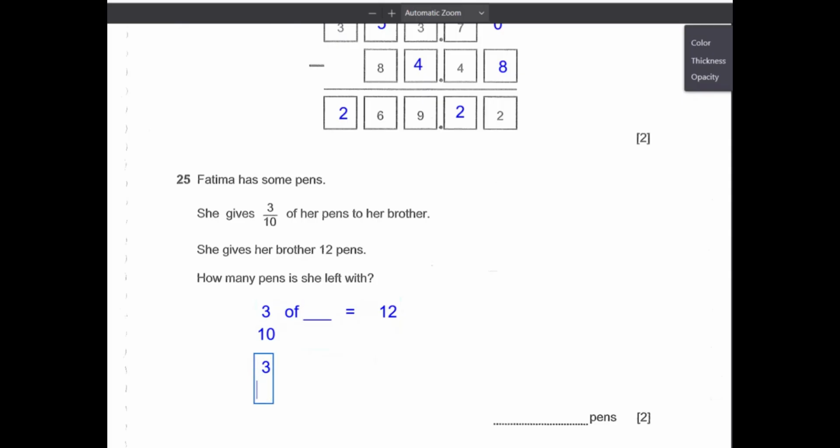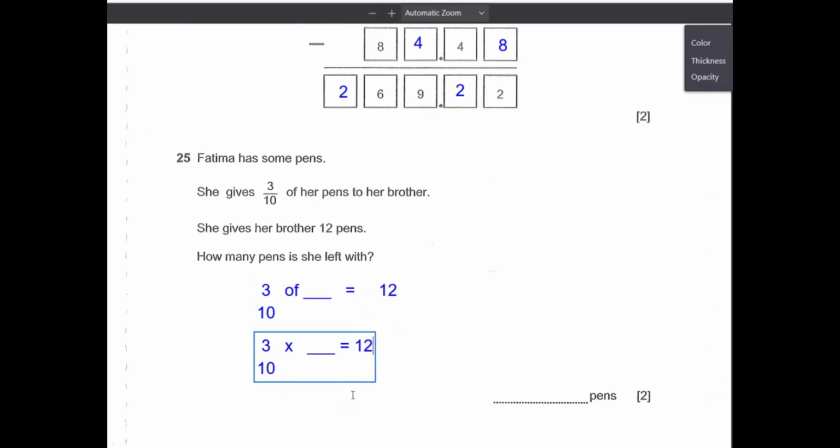So 3/10 multiplied by a number gives us 12. We need to know what this number is. If you multiply this 3/10 by a number and it gives you 12, that means it's 12 divided by 3/10.